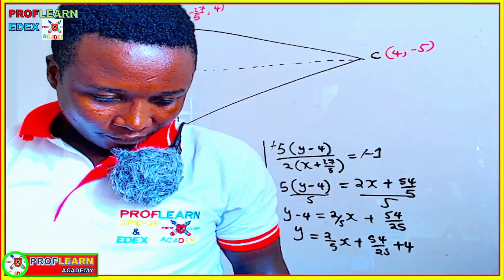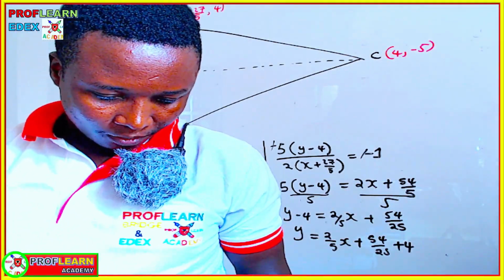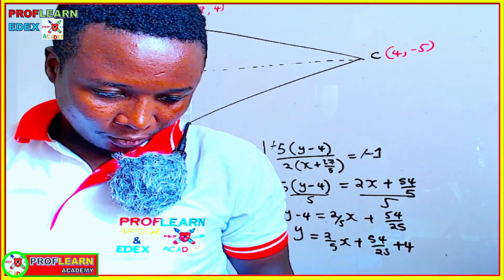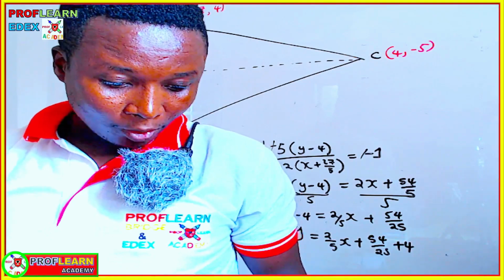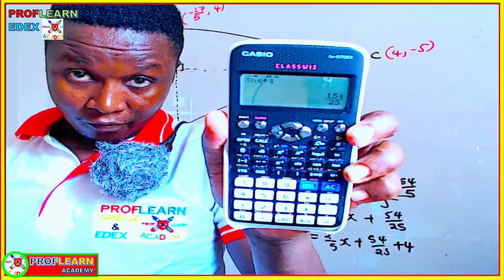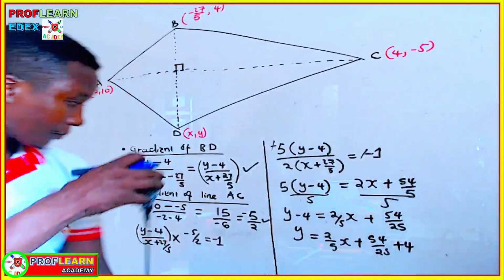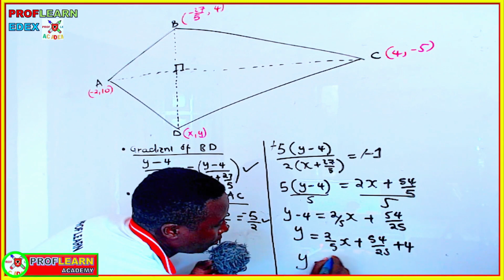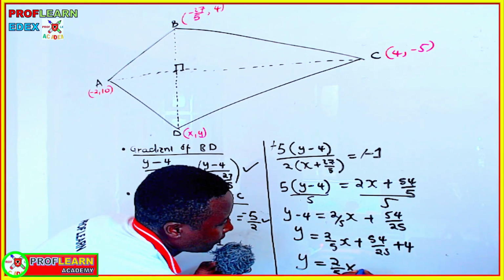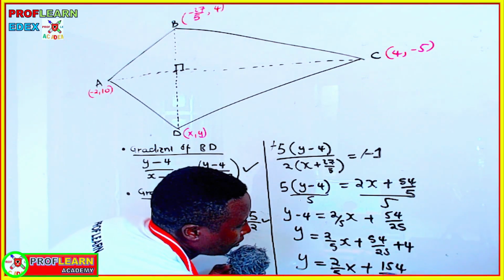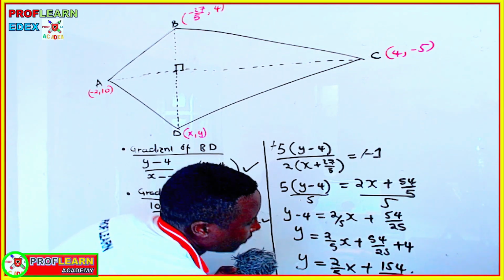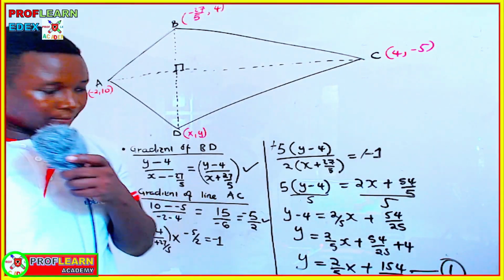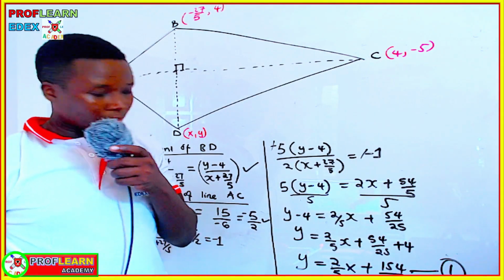If you have 54 over 25 and we add 4, that translates to 154 over 25. So the equation that we have here is y equals 2 over 5x plus 154 over 25. We can call this equation number 1.